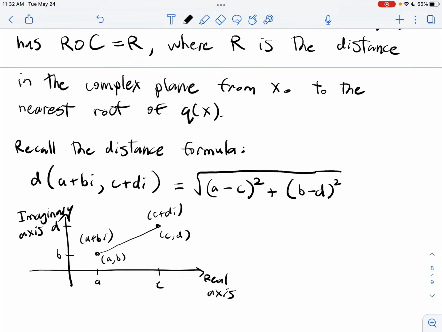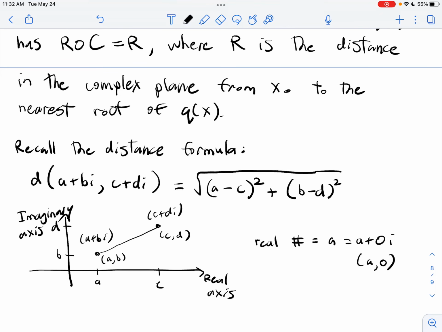So don't think too hard about this, okay? I want you to remember that a real number, whatever number you get, let's just call it A, is really A plus 0i, and so when you graph it on the complex plane, it looks like (A, 0).